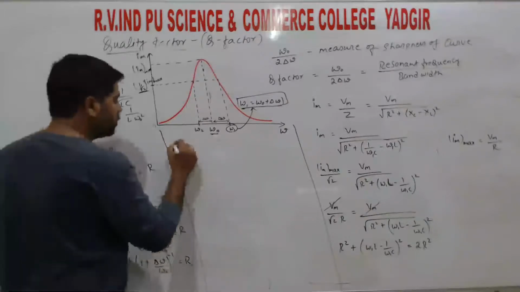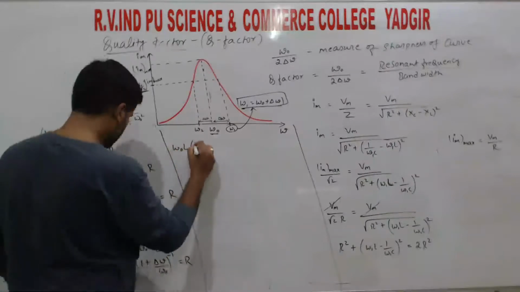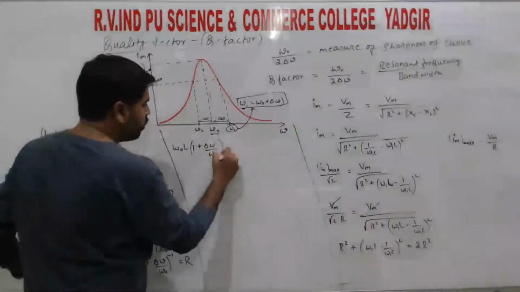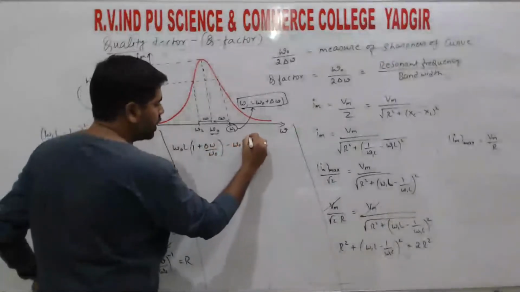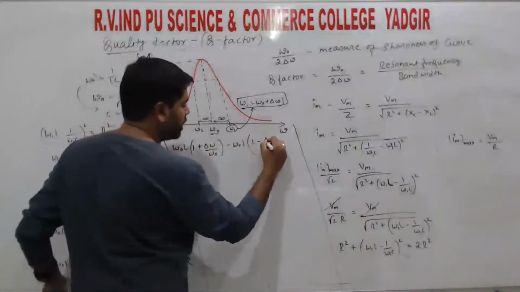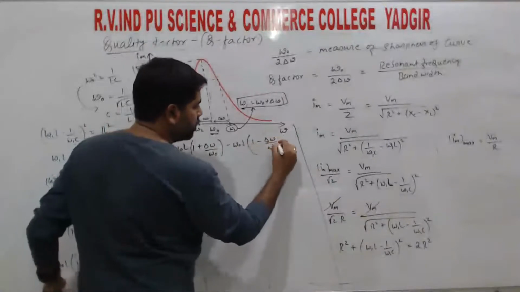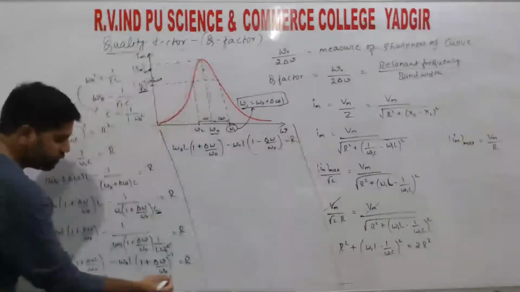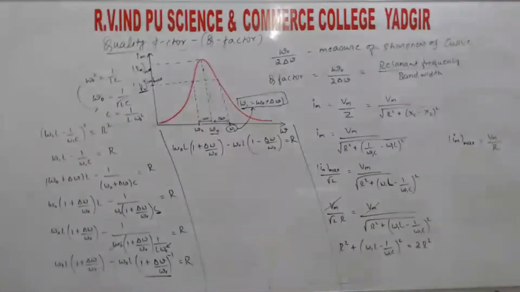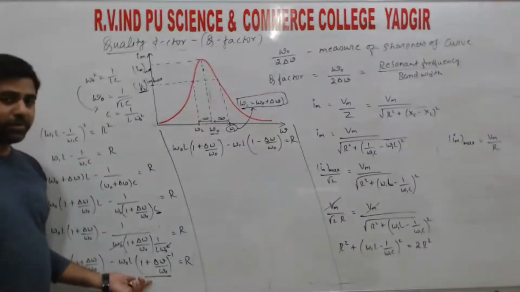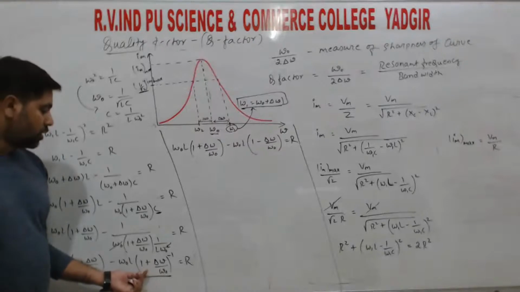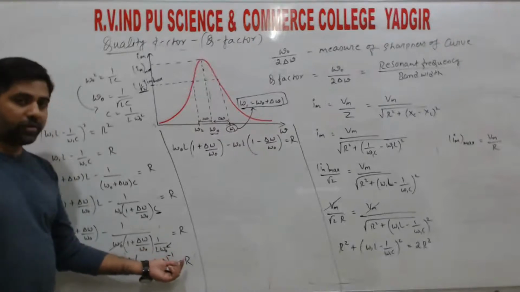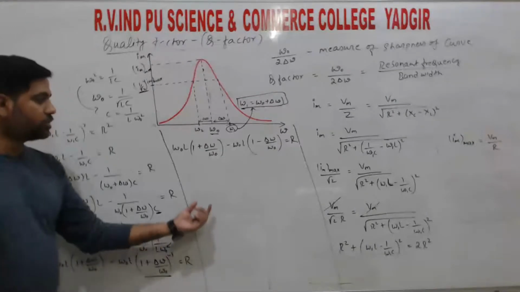So we can write omega naught L [1 plus delta omega by omega naught] minus omega naught L [1 minus delta omega by omega naught], that is equal to R. This we get by mathematical induction or x plus k whole power minus 1 expansion, where higher values keep coming.